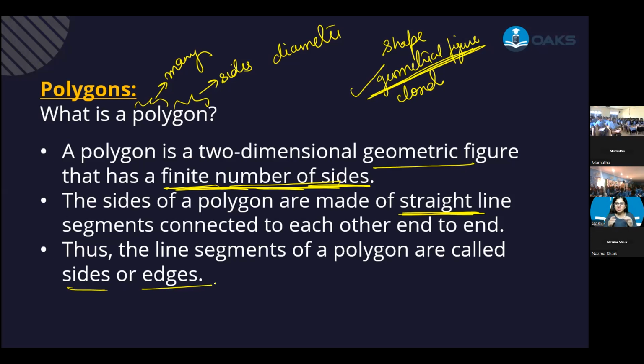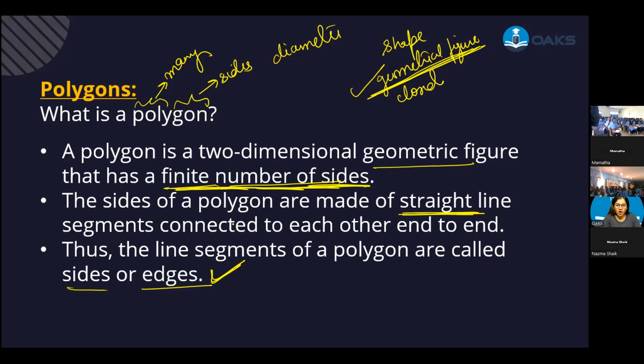So you understood what a polygon is? It is a two-dimensional geometrical figure with a finite number of sides. So it could be a triangle, a square, or a pentagon, which has 5 sides. Now the sides of a polygon are made of straight lines, and those line segments are known as edges.